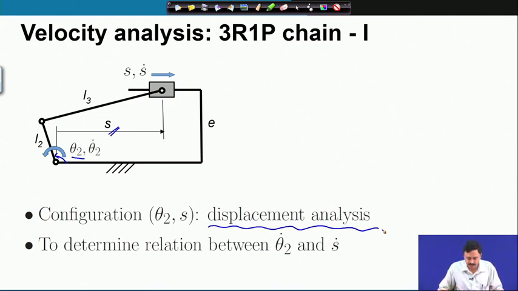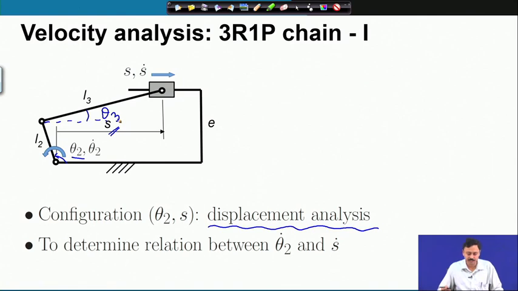So, when I say configuration is given, I mean that theta 2, S, and even this angle theta 3 are known to me, and this is ensured by the displacement analysis problem. If I solve the displacement analysis problem, I have solved for these relations. So, I know the configuration of the mechanism.